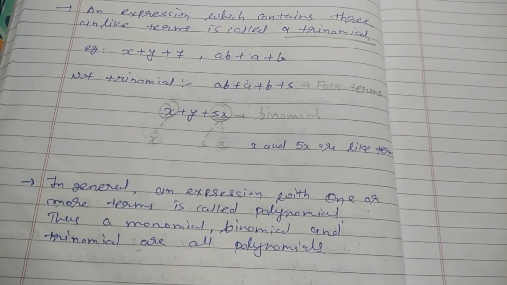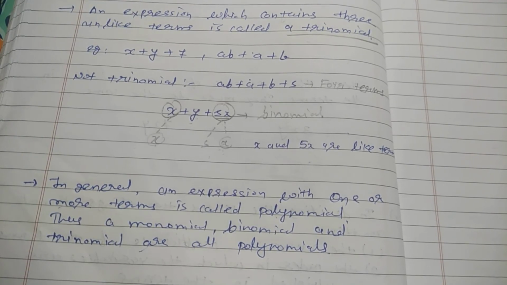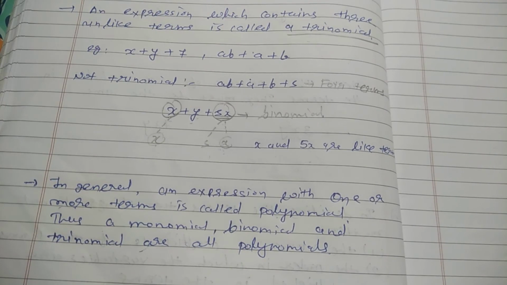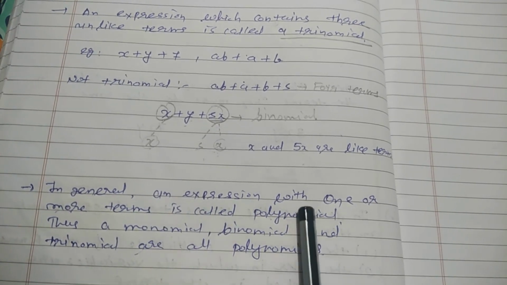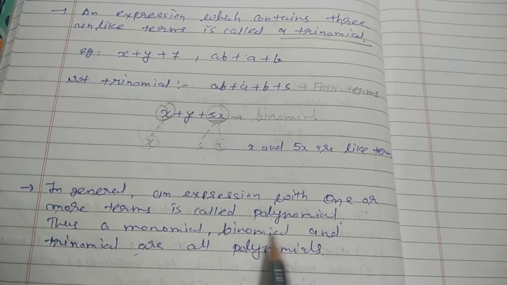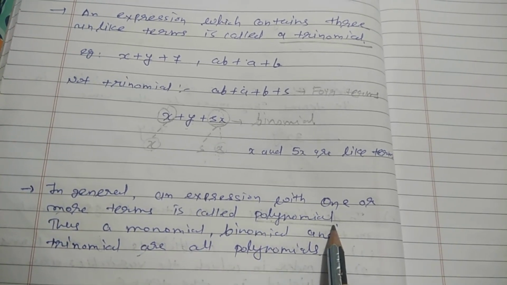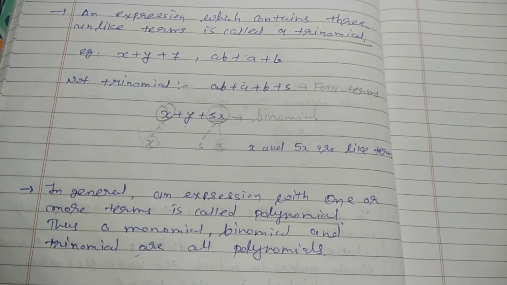Next, if we define it this way, we have to give so many different names. For 4 terms we have to give another name, for 5 terms another name. So in the general sense, an expression with one or more terms is called a polynomial.